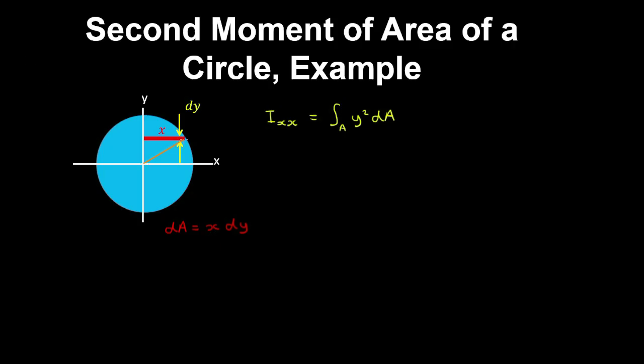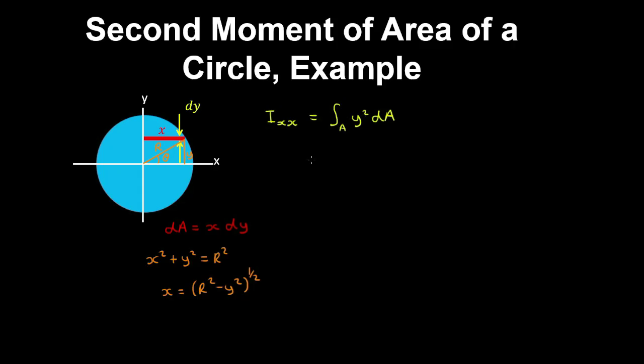So we have this distance is the radius r, which is at some angle theta from the horizontal axis. So using Pythagoras' theorem, where this distance is y, we have x squared plus y squared is r squared. And therefore x is r squared minus y squared to the 1/2.